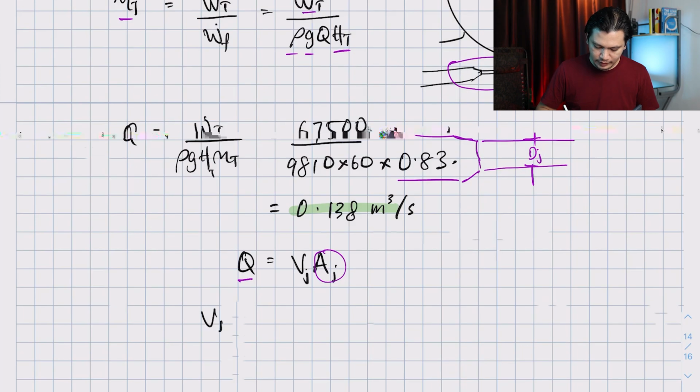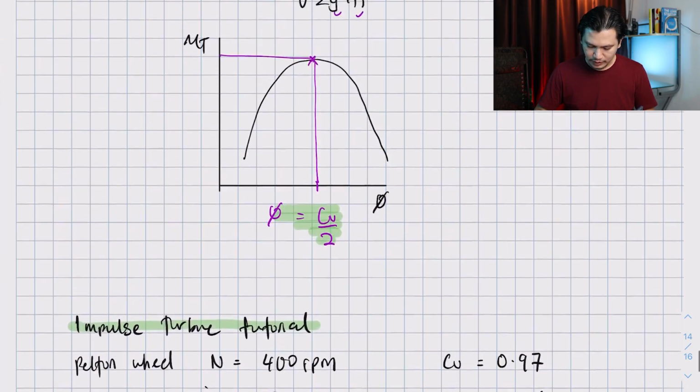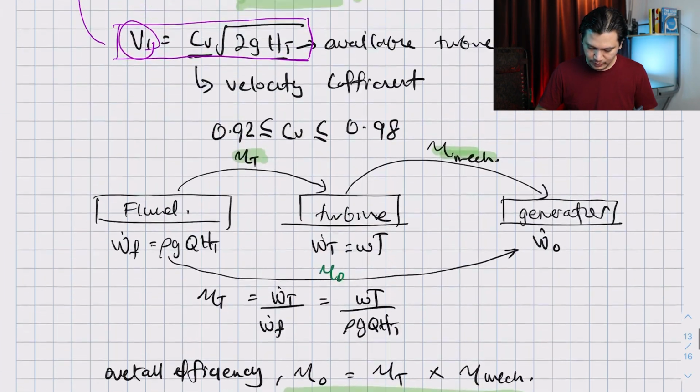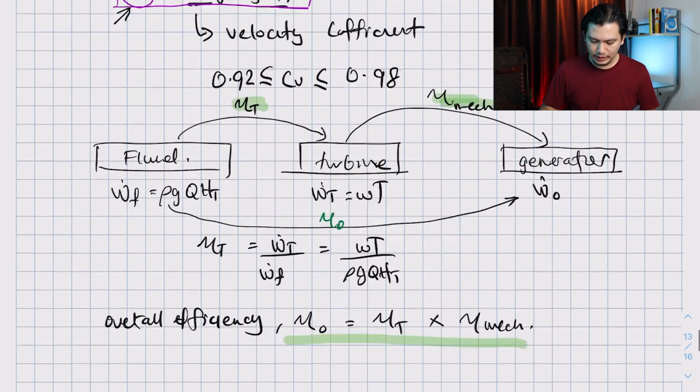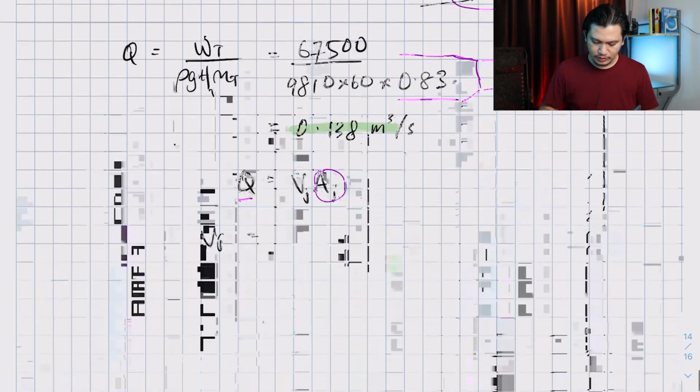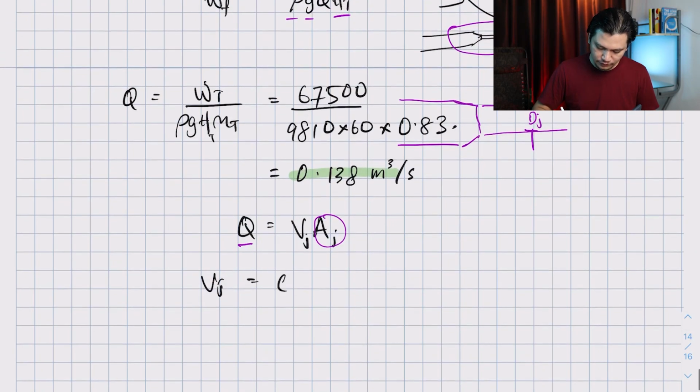So how do we find V jet? The velocity of the jet, from the equation that we've done before, is equal to CV square root of 2G HT. I believe we have all the values that we need to find this velocity.